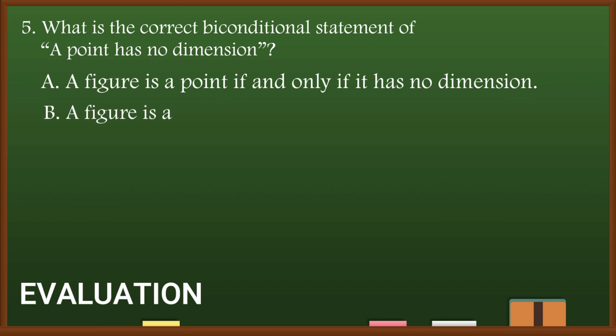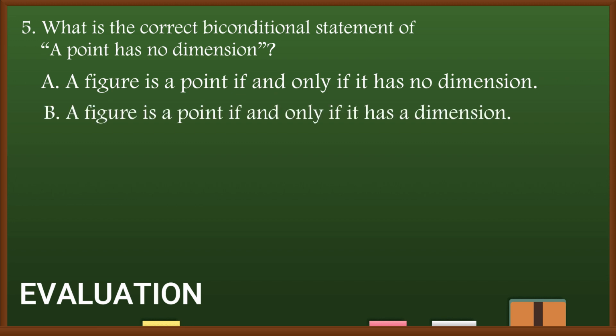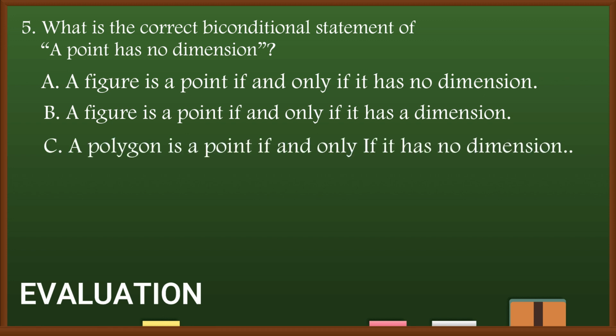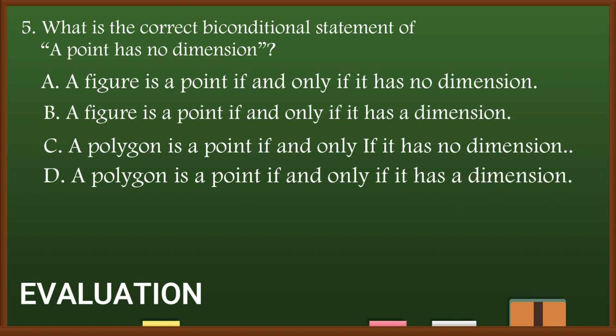Letter B. A figure is a point if and only if it has a dimension. Letter C. A polygon is a point if and only if it has no dimension. And letter D. A polygon is a point if and only if it has a dimension.